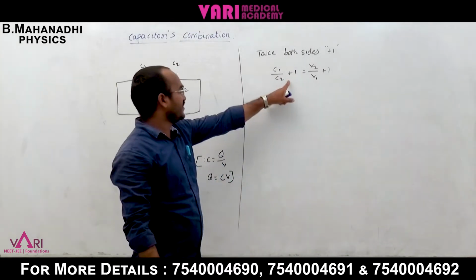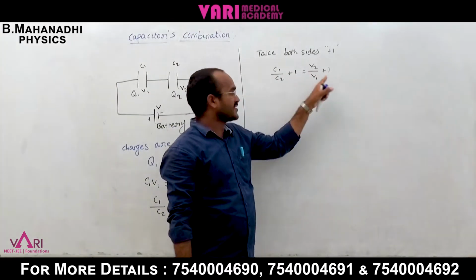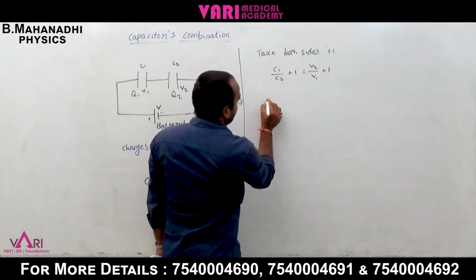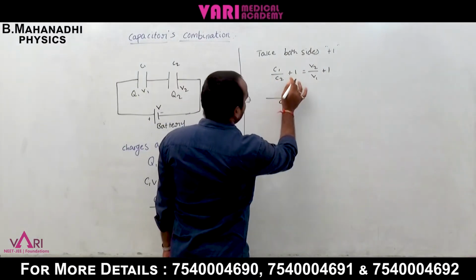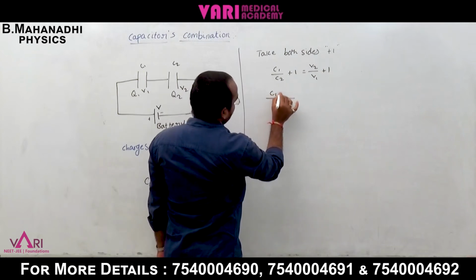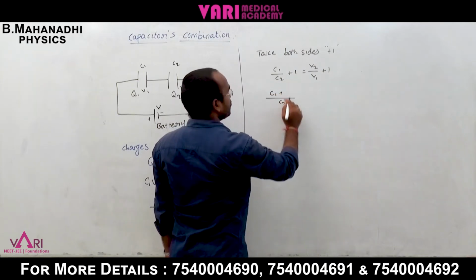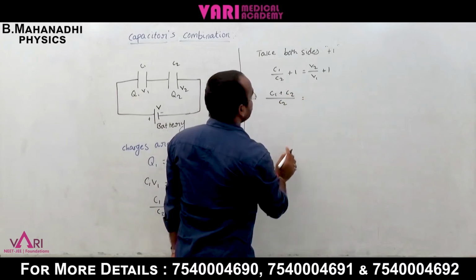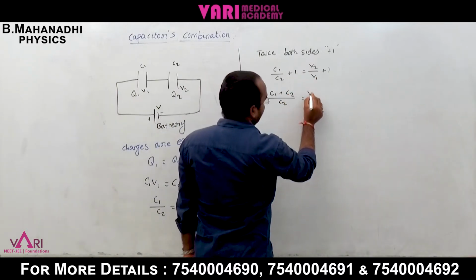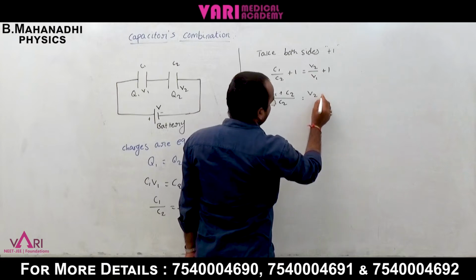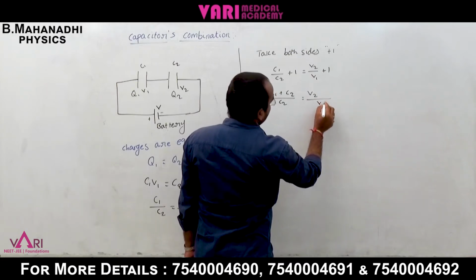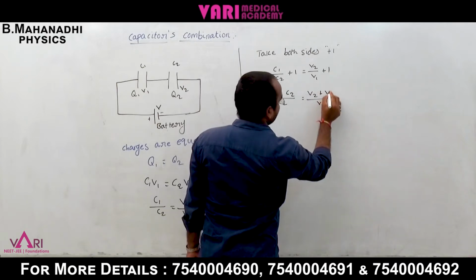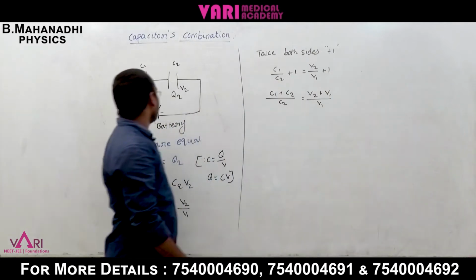The plus 1 is on the right side, the positive and negative 1 cancel. Now the LCM is C2: C1 plus 1 into C2, that is C1 plus C2 by C2. Similarly on the right, the LCM is V1: V2 plus V1 by V1.